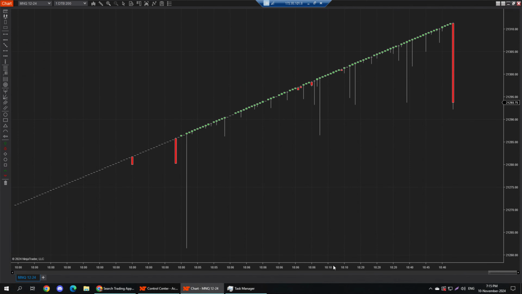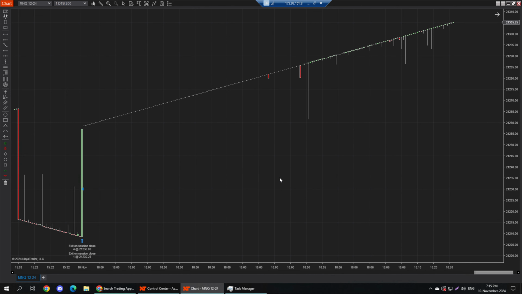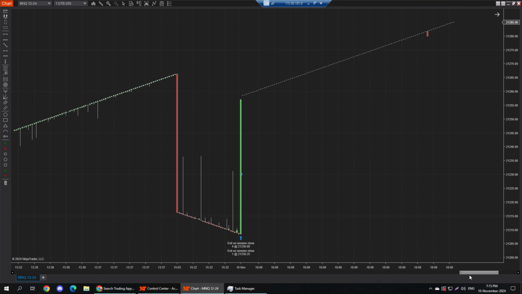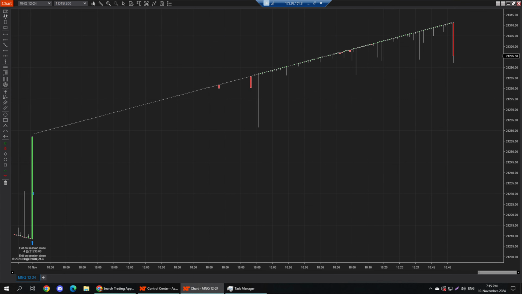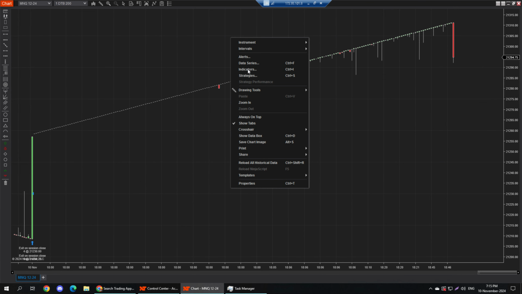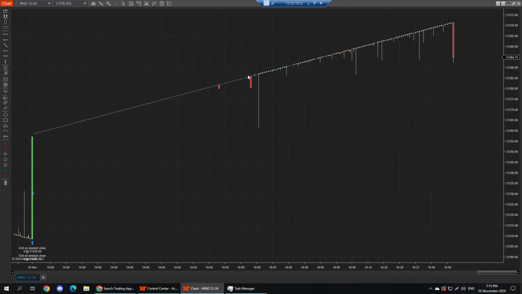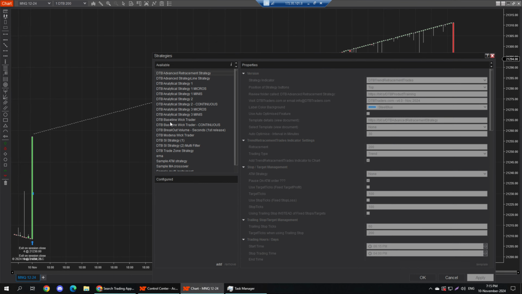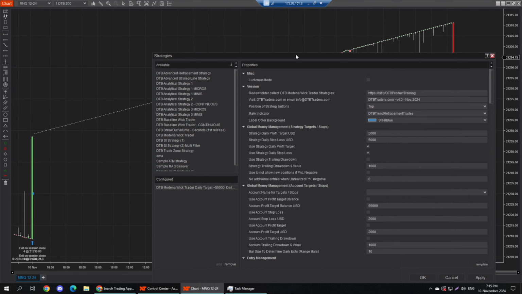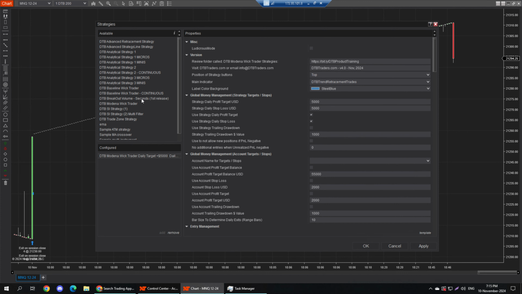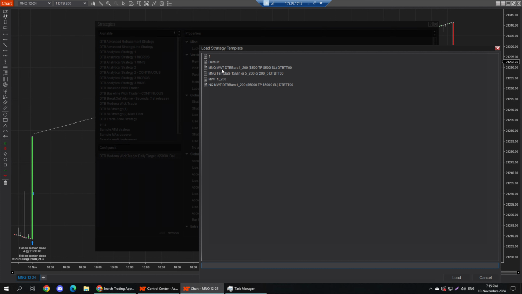But you're looking at this trending baseline chart. And as you can see, the market opened, it kind of just shot straight over there. But this is basically what the trending baseline chart looks like and what we've been using for the automated strategy. So if I go to the strategy settings and I pop on the Modena Wick Trader strategy, which is the one I shared the results with, if you're trading the MNQ, if you go to your templates and you go load, you'll see over there it's got an MNQ template.